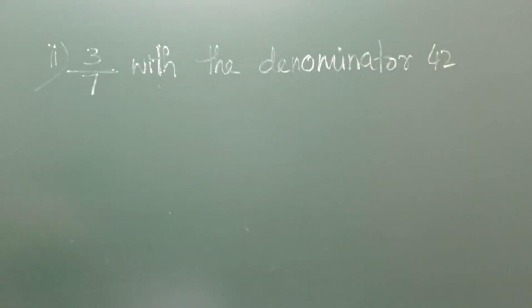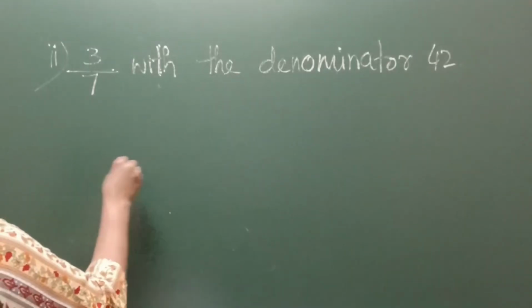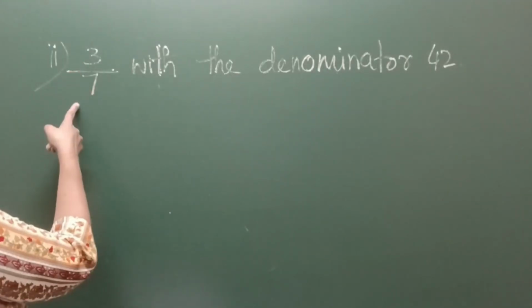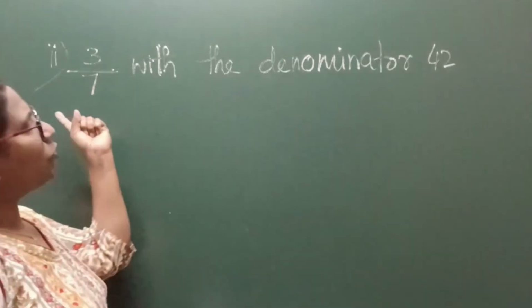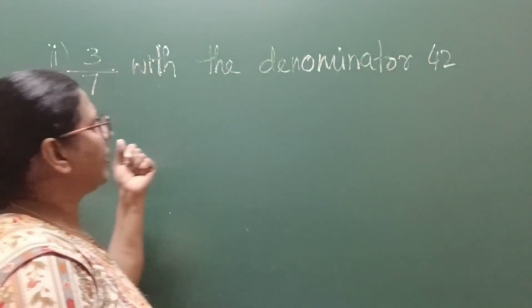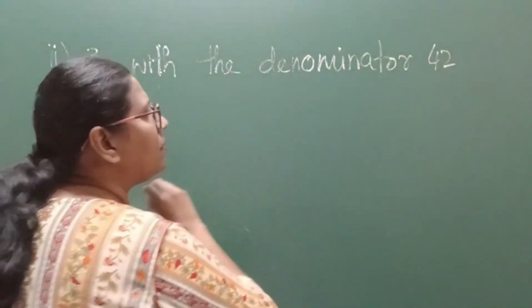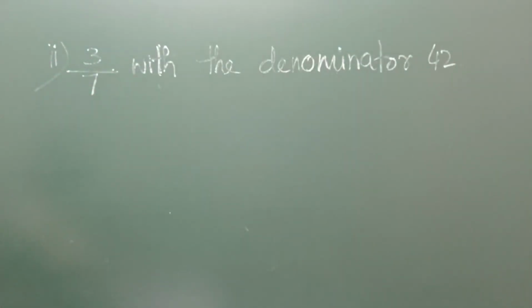In the previous question, the numerator was given. Now here, the denominator is given. How to find it? Here, 3 upon 7 is the given fraction, and we have to find an equivalent fraction with the denominator 42.